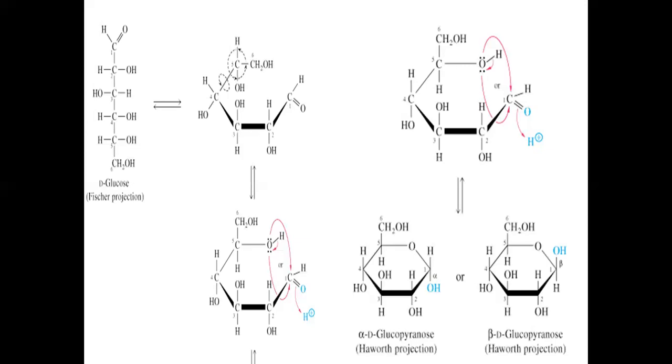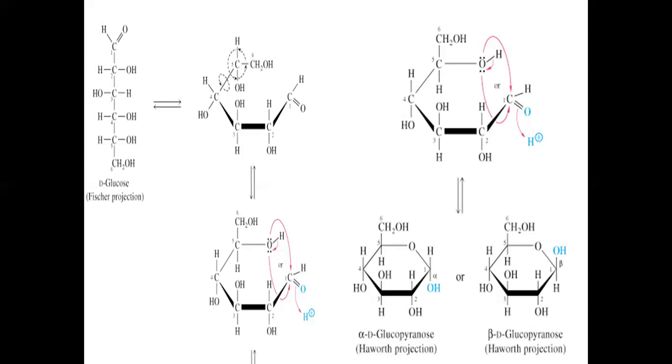A reducing sugar is any sugar which reacts in basic copper 2 ion solution, which yields a copper oxide, Cu2O, precipitate. So this is the Benedict's test.